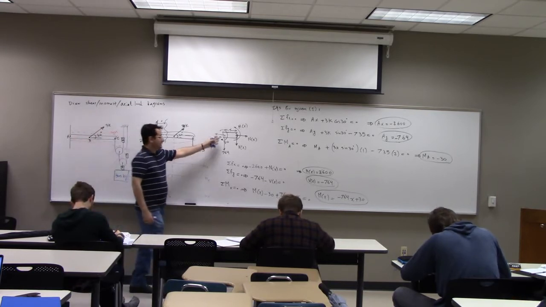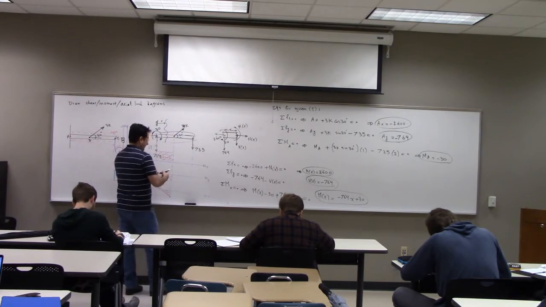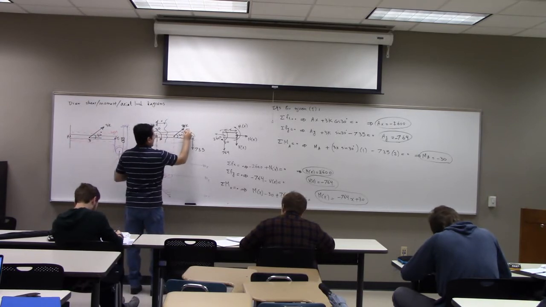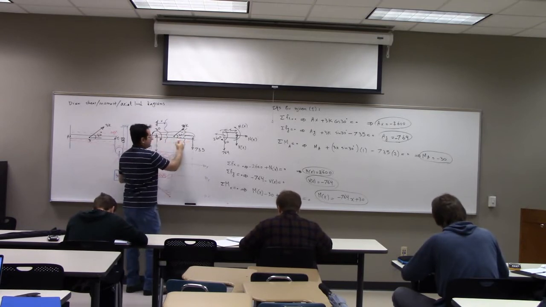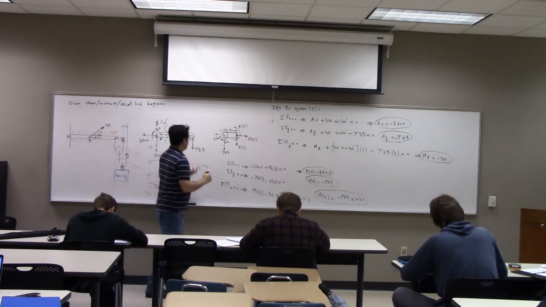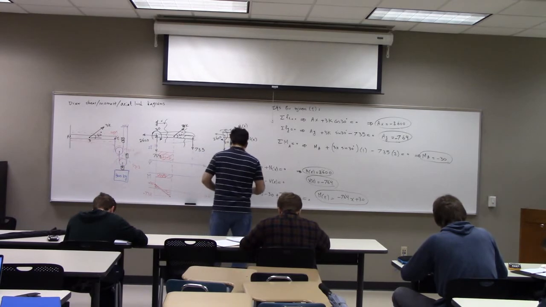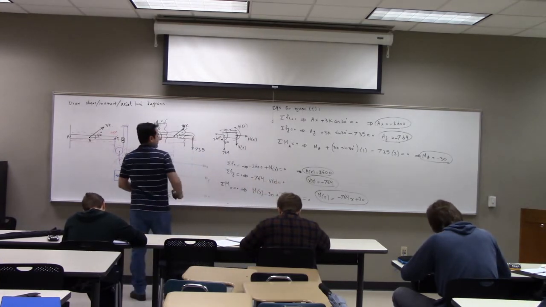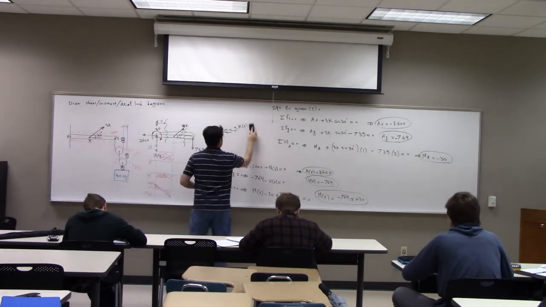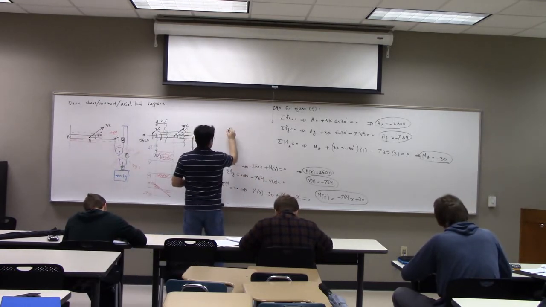So this time I take the one on the right. If I cut it here, I know that from here to here nothing changes. So if I cut it there, I'm going to get this right here.